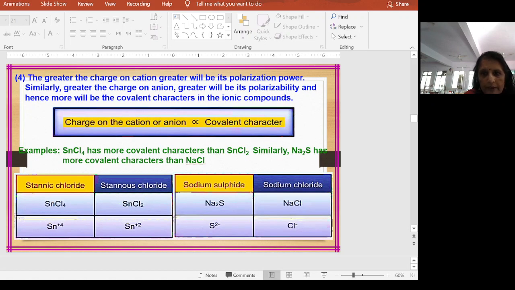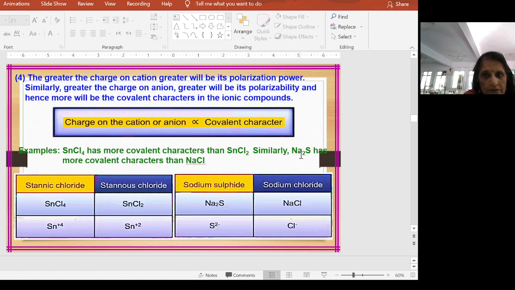Now, this is one important point: the more the charge on the cation, the more will be the covalent character. This is actually applicable for elements which have variable valencies, like stannous chloride and stannic chloride. Stannic chloride is SnCl4, stannous chloride is SnCl2. So SnCl4 will be more covalent than SnCl2. Similarly, Na2S has more covalent character than NaCl, because here two positive atoms are present.